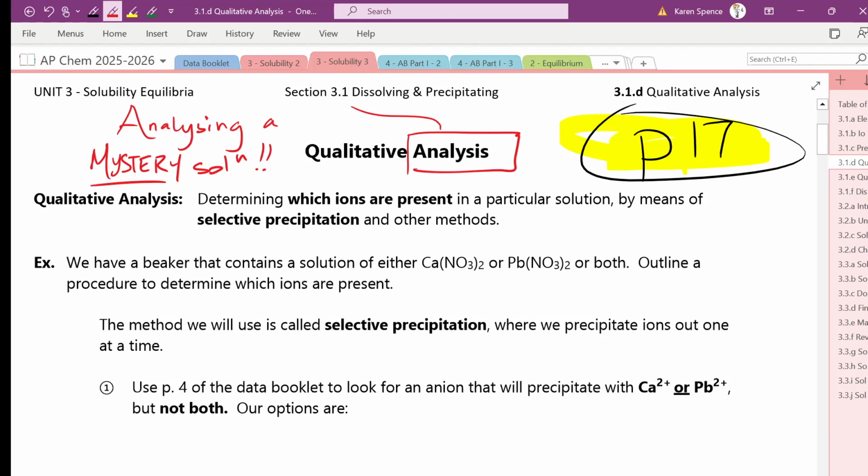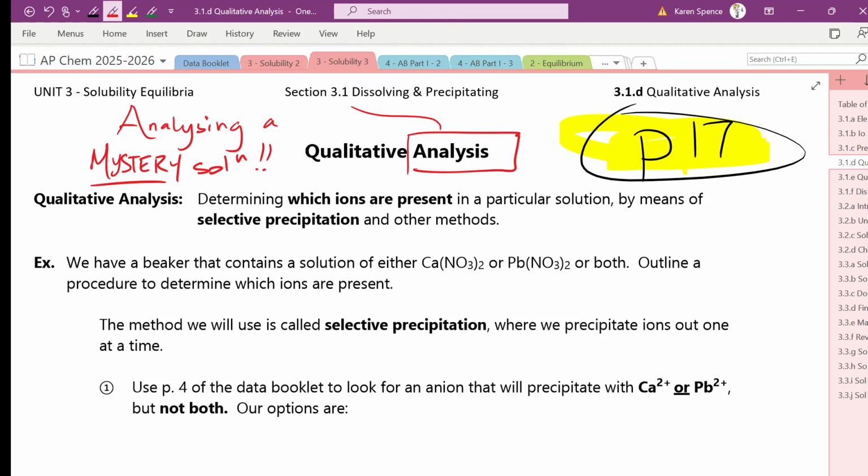Ooh, mystery solution. So this is going to be a solution that contains one or more cations, or it could be a solution that contains one or more anions, and you'll be told what they are.